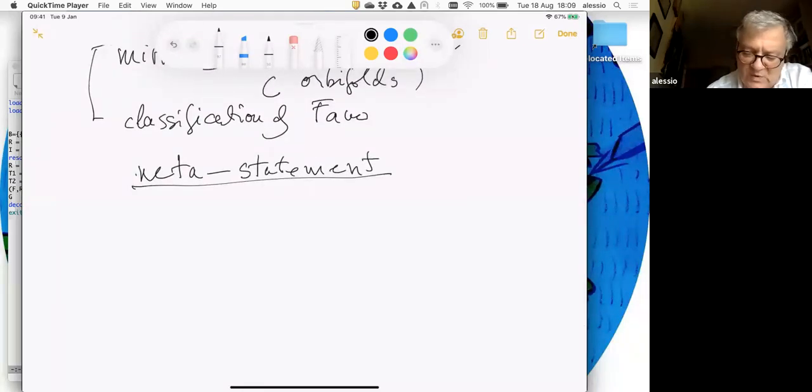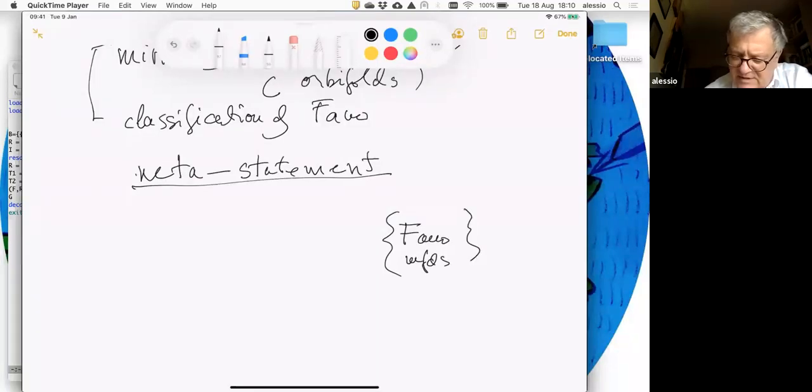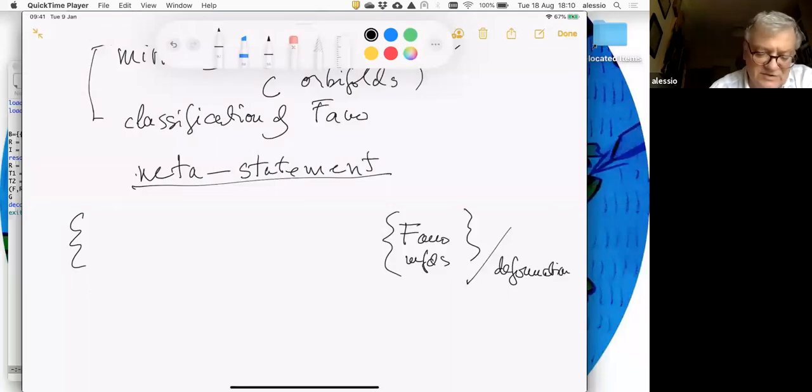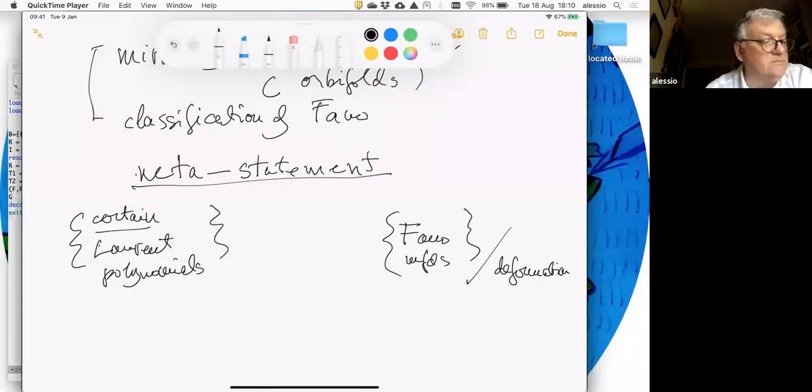There is a one-to-one correspondence between some set of Fano manifolds, taken up to deformation, and certain Laurent polynomials, taken up to mutation.